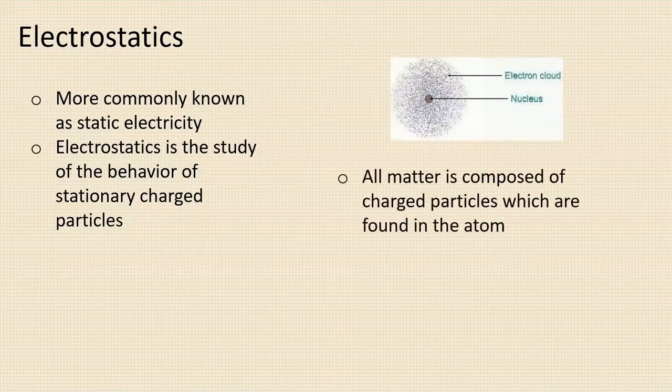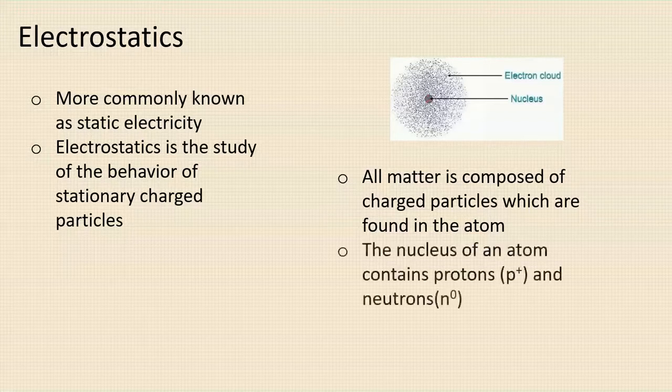All matter, as you know, is composed of atoms, and those atoms are composed of charged particles within the atom itself. That's where all of our basic electric charge will come from. The nucleus of an atom contains protons, which are positive, and neutrons, which are neutral, hence the name neutrons.